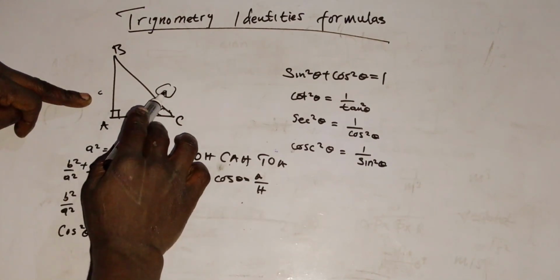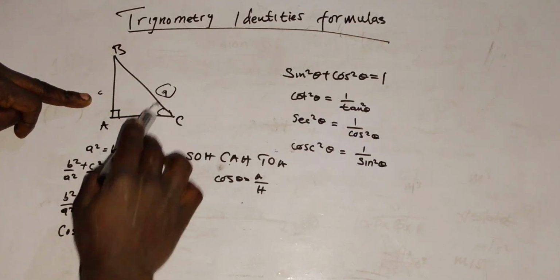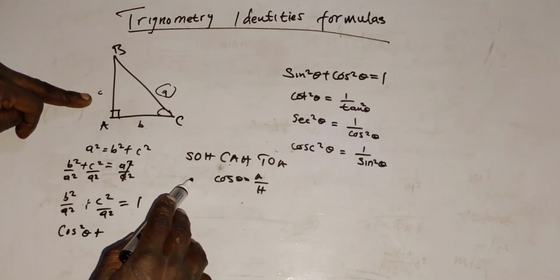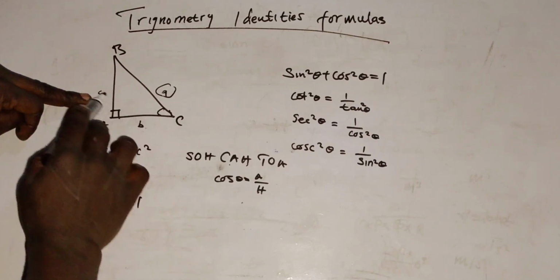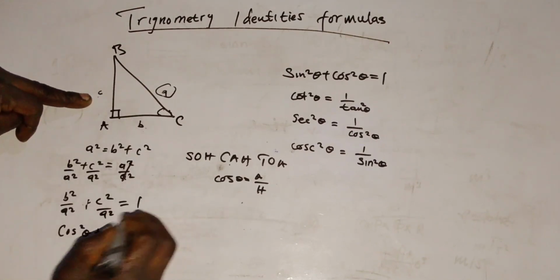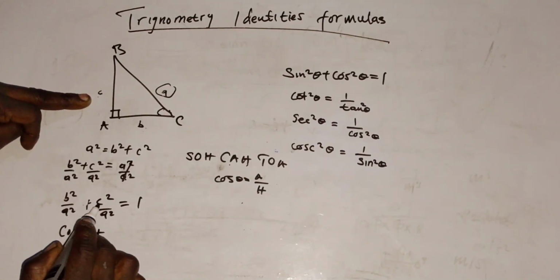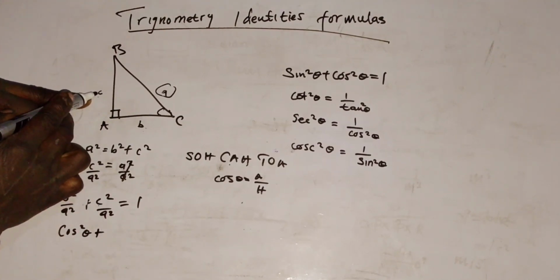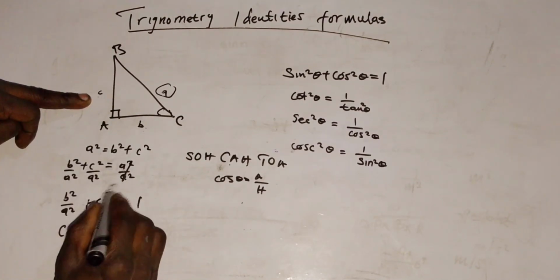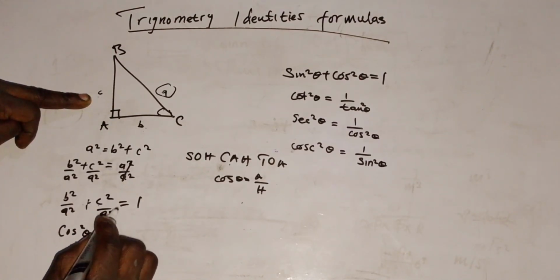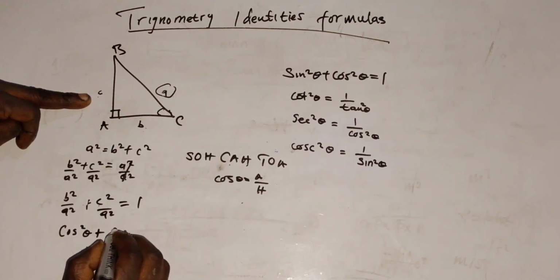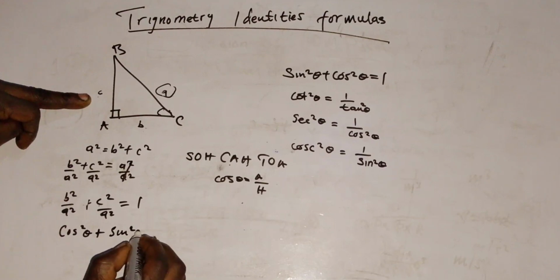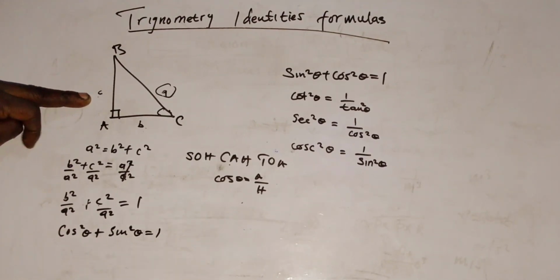Opposite over hypotenuse is the sine. So here c is the opposite and a squared is the hypotenuse, which gives sine squared theta, which should be equals to 1.